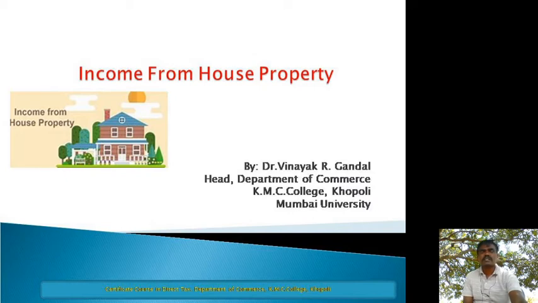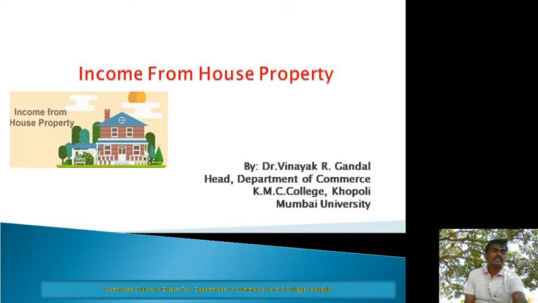Then, as per the deduction under section 24, there are many deductions available under house property, but once gross annual value has been calculated, we have to consider the municipal tax which has been paid by the owner. If it is payable, then deduction is not allowable.